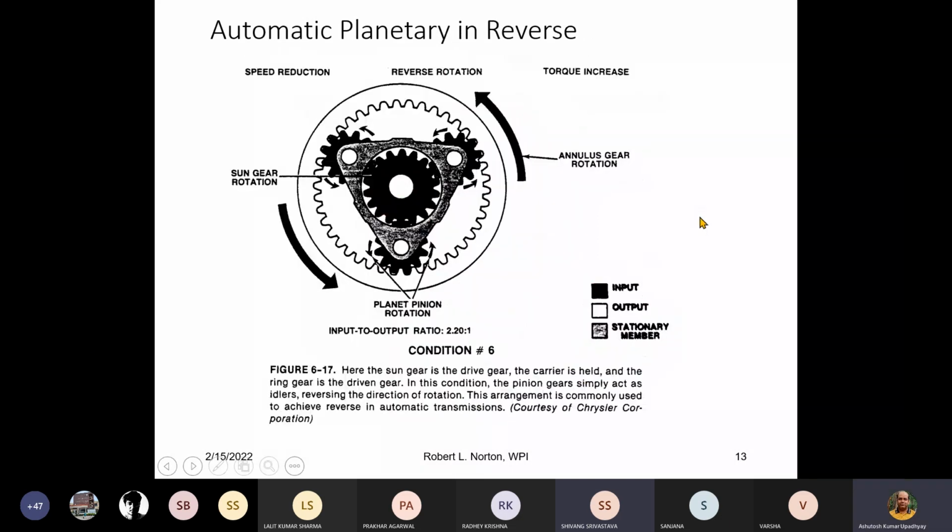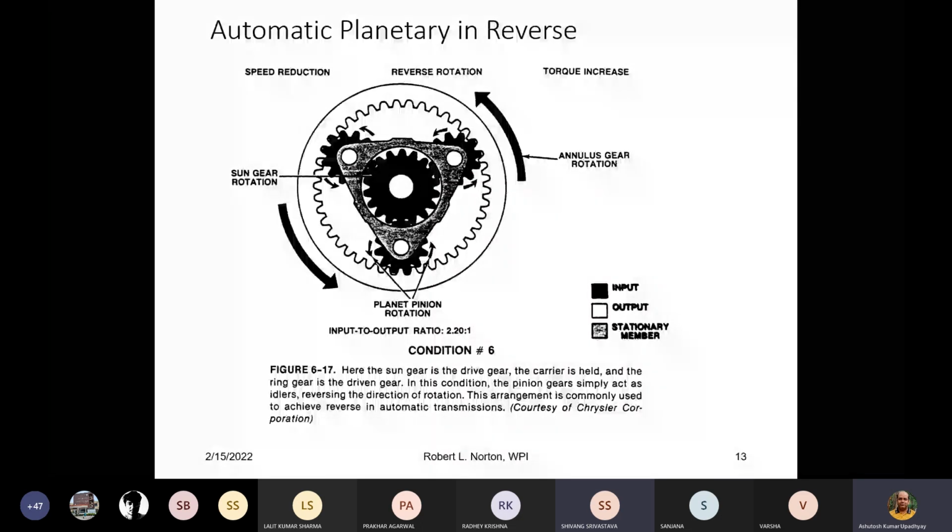Now you see here, the input gear is this particular sun gear. Okay, and the output is again the ring gear, and the planetary carrier is fixed. So this carrier is fixed. So what is happening? The planet gears are acting as idlers.